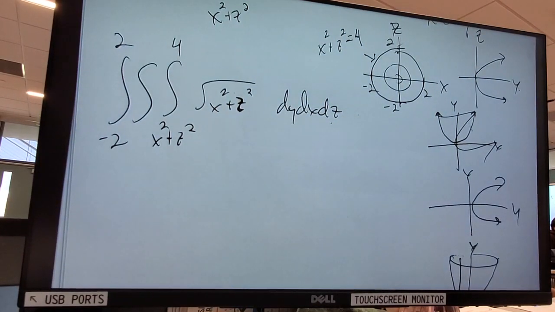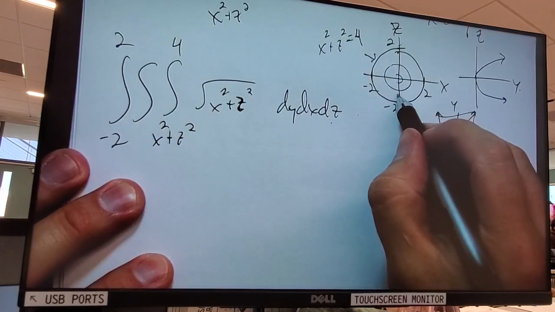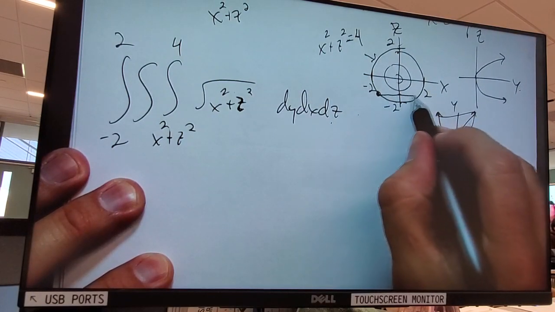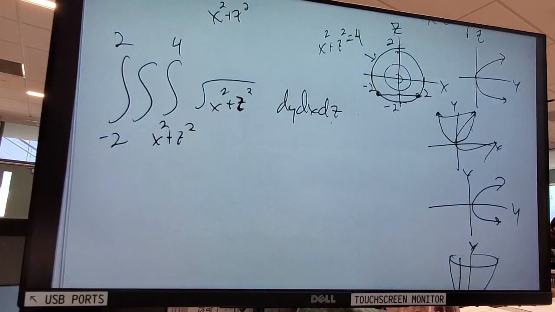Now, here's where things get trippy. For any value of z, what is x doing? Do you guys see the thing I was telling you you need to do, the little dumbbell you draw in? It goes from this one to this one.